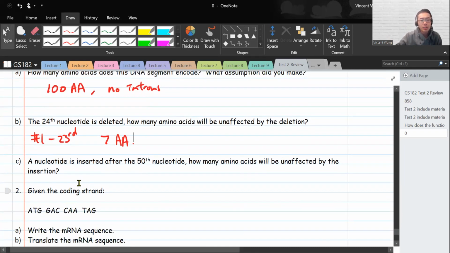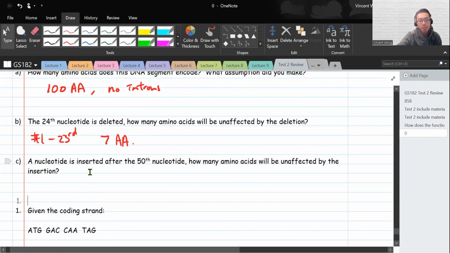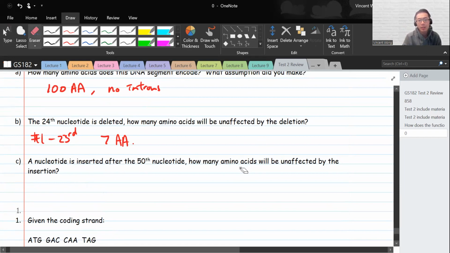A nucleotide is inserted after the 50th nucleotide. How many amino acids will be unaffected by the insertion? Same story here. Okay, so number 1 to 49 is going to be okay. And if you take 49 divided by 3, 16 of them will be okay.